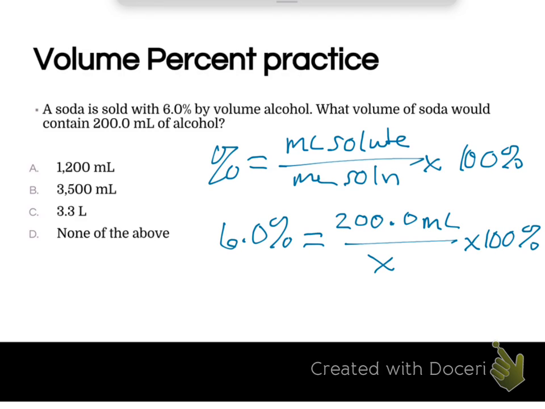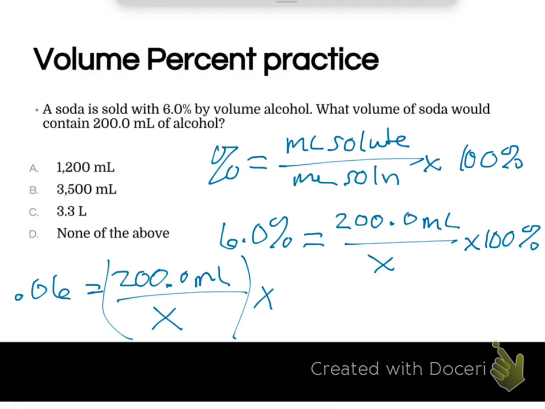We're still going to divide by 100% first to get rid of that. And so we get 0.06 equals 200 milliliters divided by x. To solve for a denominator like this, we've got to multiply by x to get it out of the bottom.